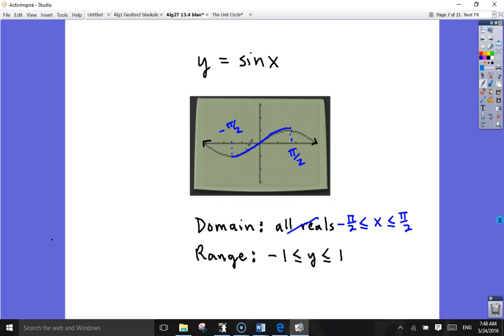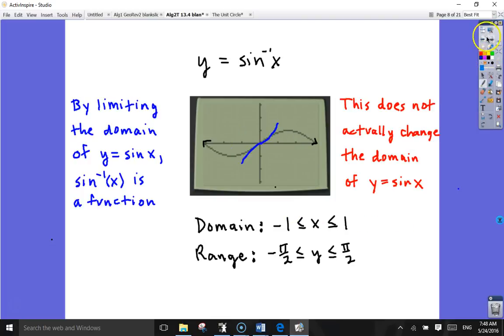Okay. Now, when I flip that, I've only got that piece of it, and that would pass a vertical line test. So by limiting the domain of the sine function, we're actually limiting the range of the inverse so that it doesn't keep going and giving us more waves up and down that would fail a vertical line test.